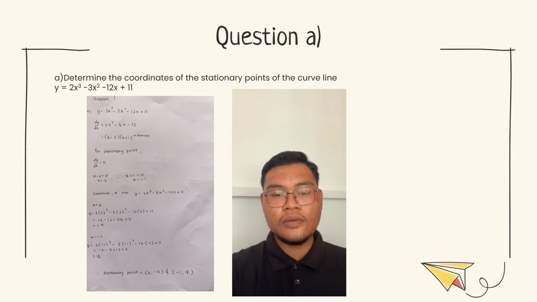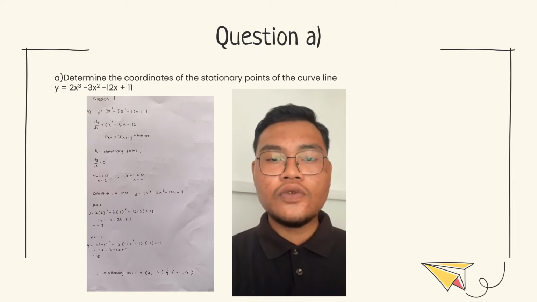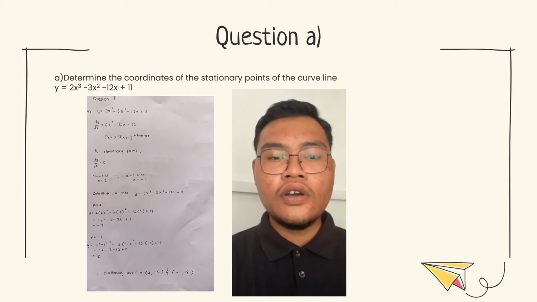Then we need to substitute into the first equation that we got, 2x cubed minus 3x squared minus 12x plus 11. Next, we substitute x equal to 2 and x equal to negative 1 into the equation. So the first answer we get is negative 9 and the second answer is 18. Therefore, the stationary points are (2, negative 9) and (negative 1, 18).